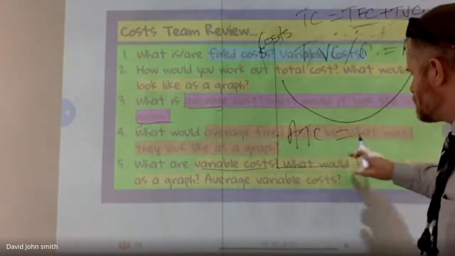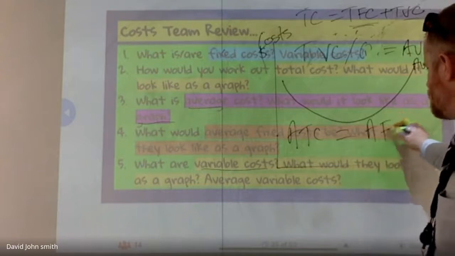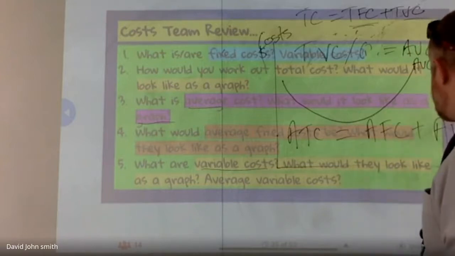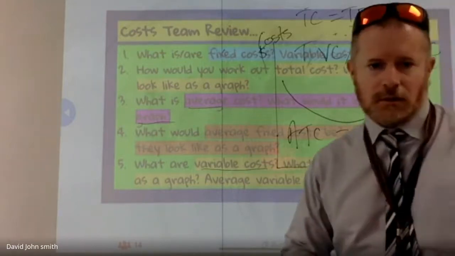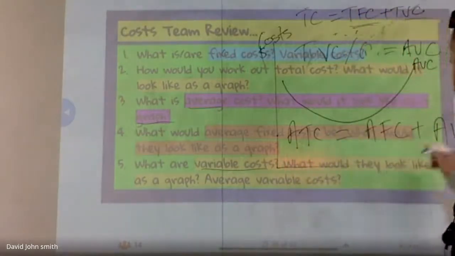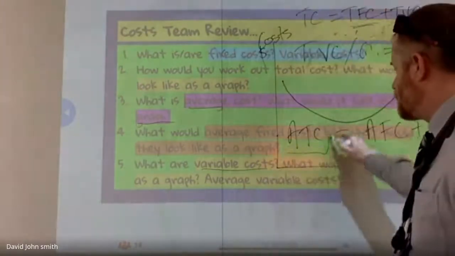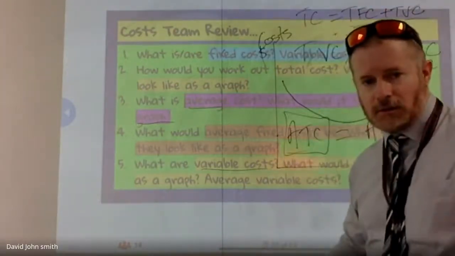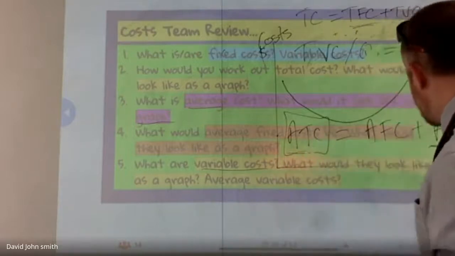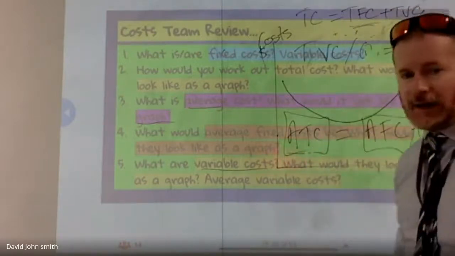So the average of your total cost is going to equal the average of your fixed cost plus the average of your variable costs. So all that we are doing is just plotting this one. But when we plotted your average of your total costs, the difference between that number and that number is going to be that one.